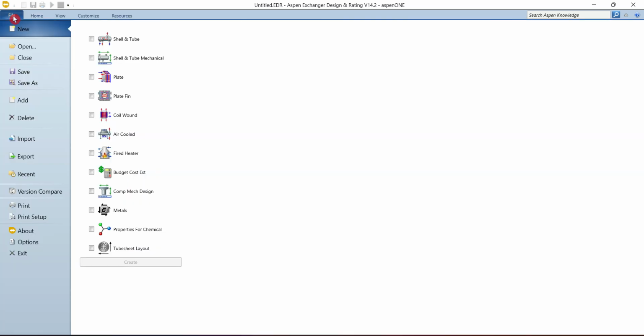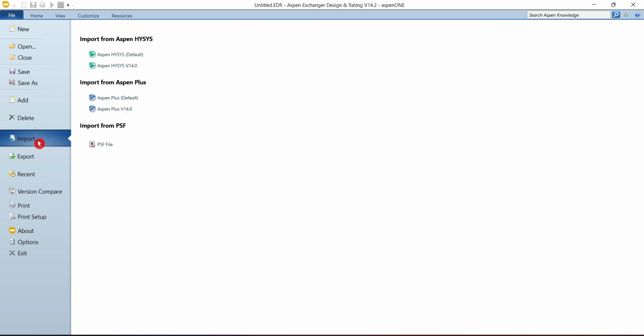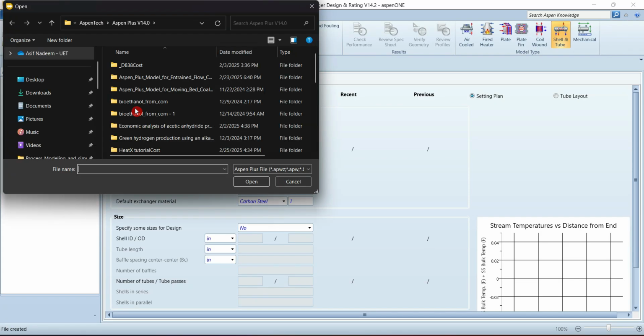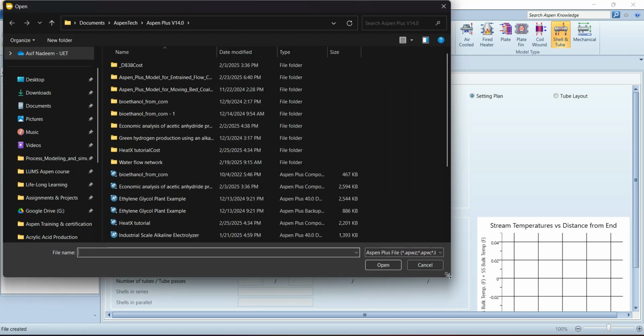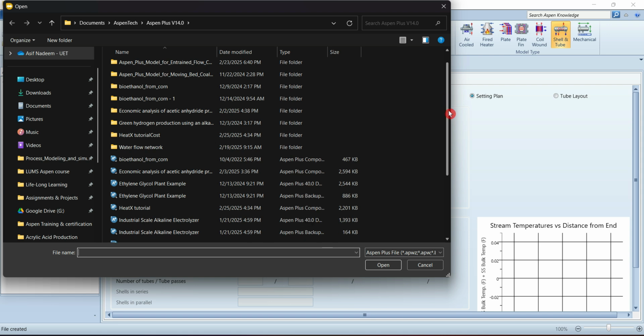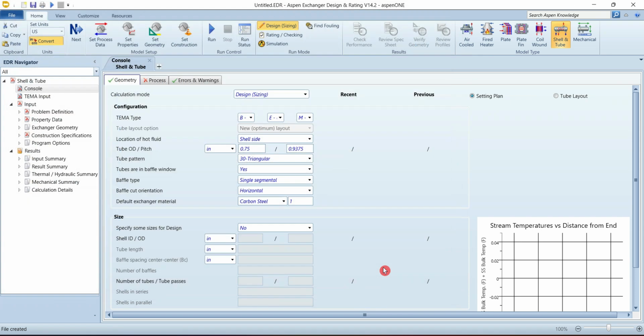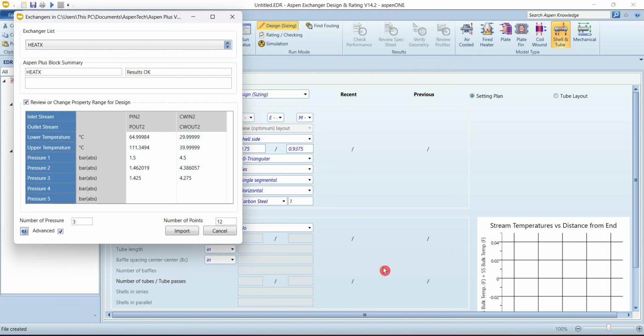For that purpose, go to the file, import option, and import from Aspen Plus, and just locate where you have saved the previous file. Just browse that file inside the EDR interface.